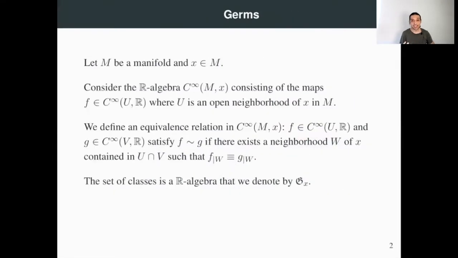The set of classes is also an R algebra that we are going to denote like this, and it is called the space of germs of C-infinity functions at the point x. We consider functions that are defined in an open neighborhood of x, and then we identify two of them if they are equal in a neighborhood of the point x.